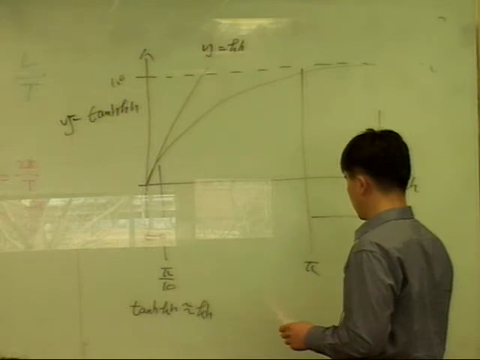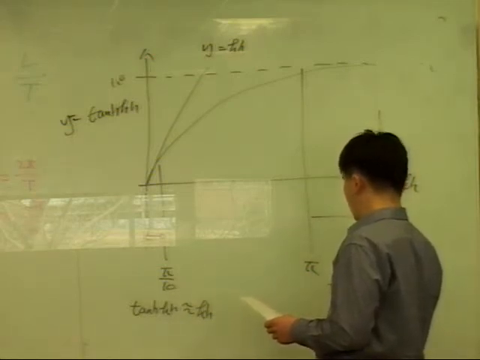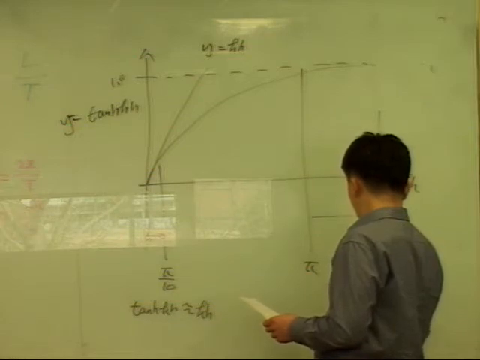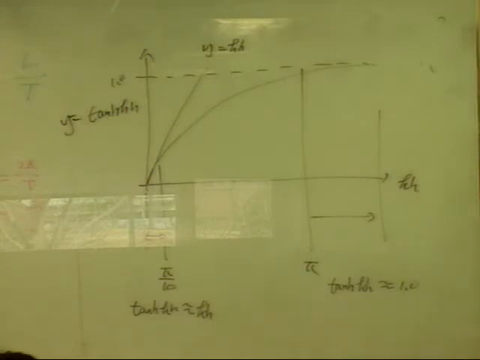And in this region, hyperbolic tangent kh is similar to 1.0, right?